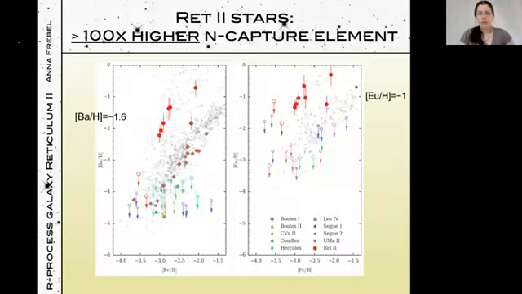Here's a more common depiction of abundances in our field. We have some abundance ratio on the y-axis against iron on the x-axis, and here it's barium over hydrogen and europium over hydrogen. In red, these are the R-process Reticulum stars.